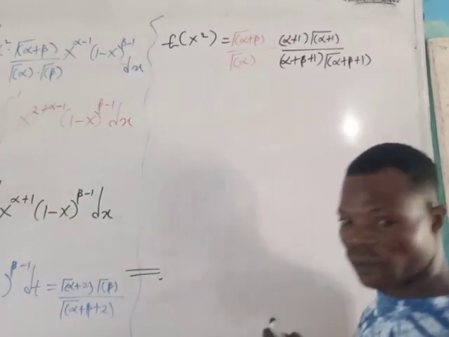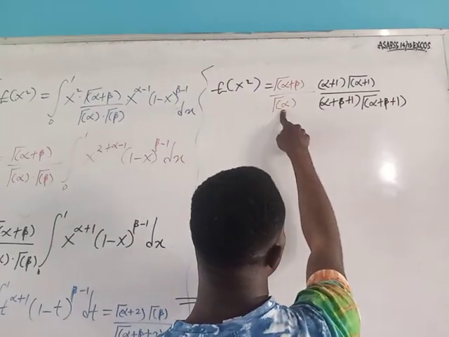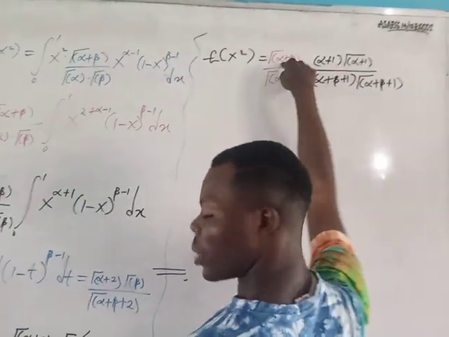So let's take it one after the other. And we can still reduce this in order to suit this, and we can reduce this as well in order to suit this.